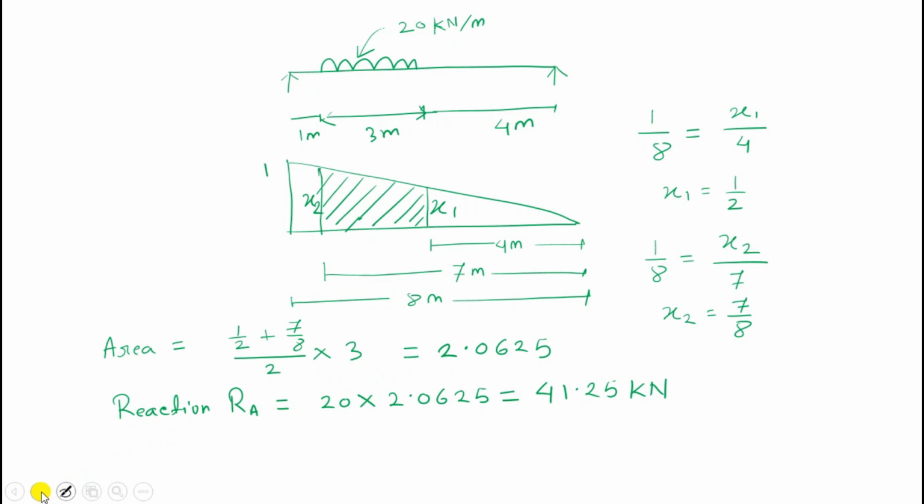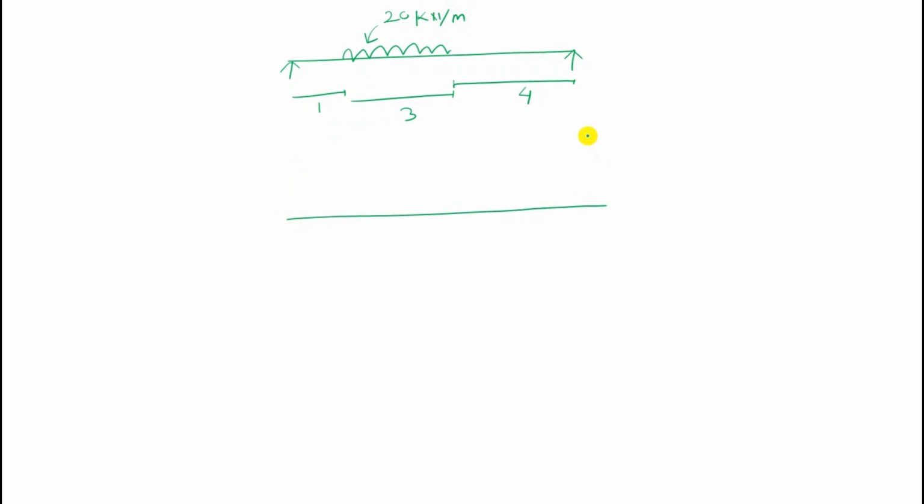Now calculate RB. So the influence line diagram for RB, and calculate x3 and x4.